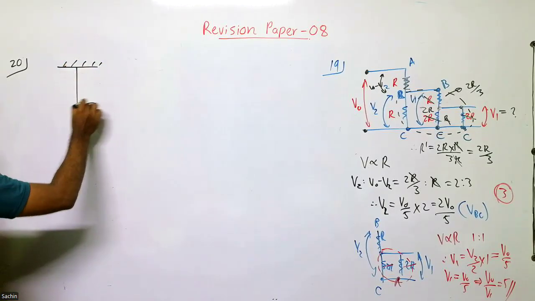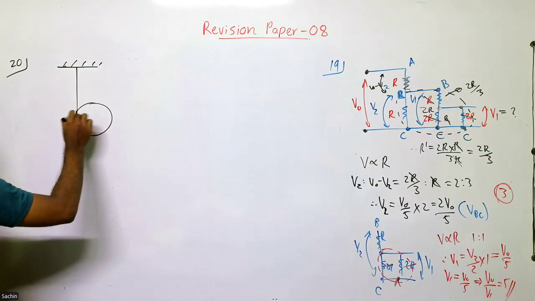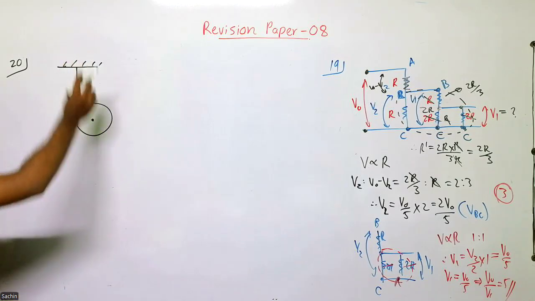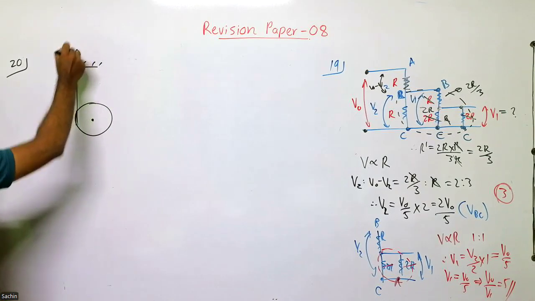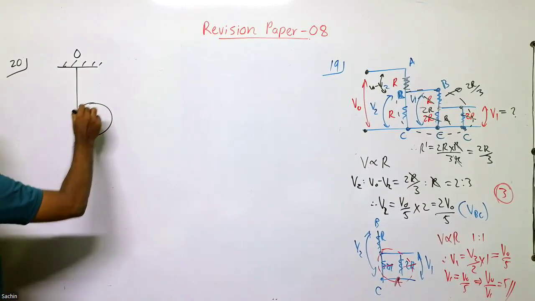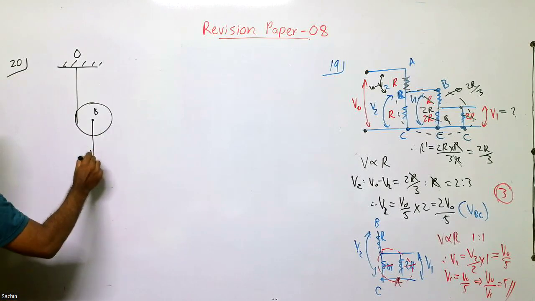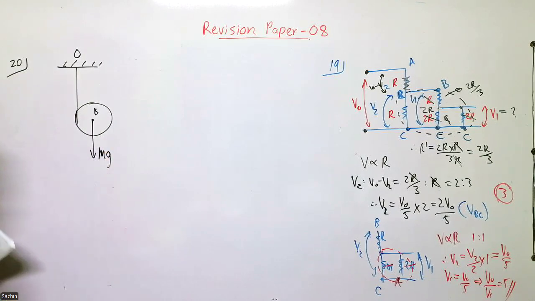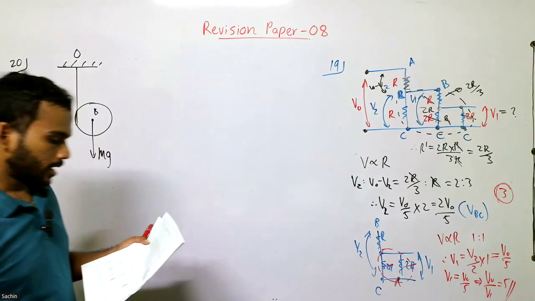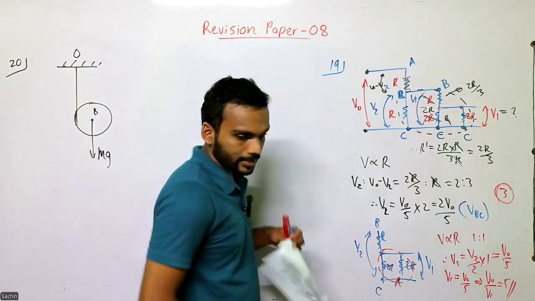So what happens is they have brought a string over this pulley and it is connected to this ceiling point O and then released. So this pulley has some mass. There will be the weight force. So they are asking about the resulting motion.